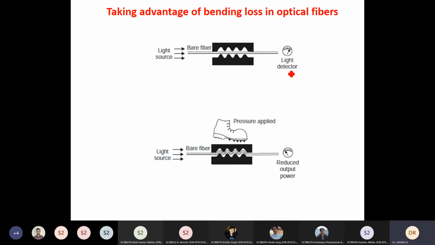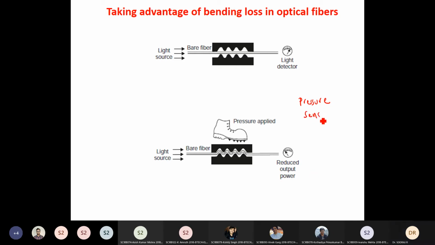I can have a photodiode that detects the amount of light coming. Now let's say I'm applying some pressure. Once I increase the pressure, because of the larger amount of bending, the output power is going to be reduced. So the power I am receiving is proportional to the pressure I have applied here. So I can actually make a pressure sensor here.